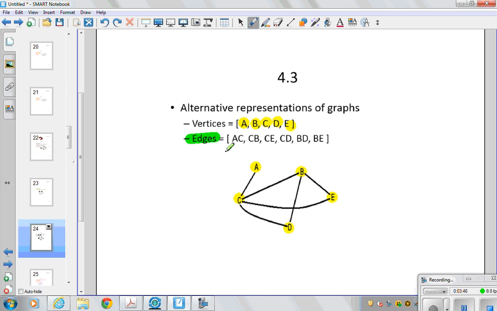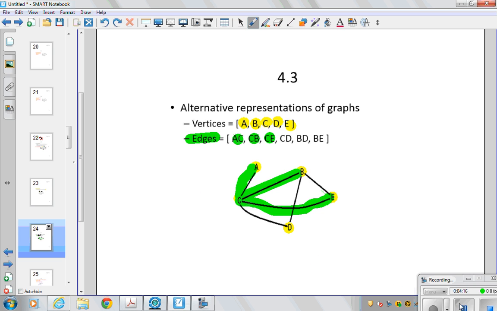The edges will also be listed. Notice that AC, see this edge AC? There it is. CB, here is the edge right here. CE, and so on and so forth. You can see how everything is listed on here. So if you were given this and told, create a graph using this information, the vertices will be given to you and you just connect everything according to the edges.